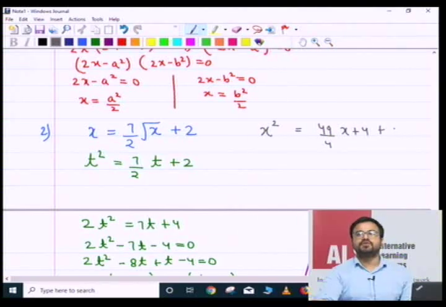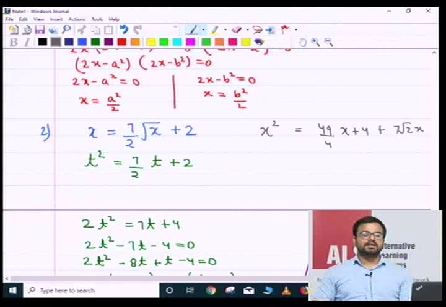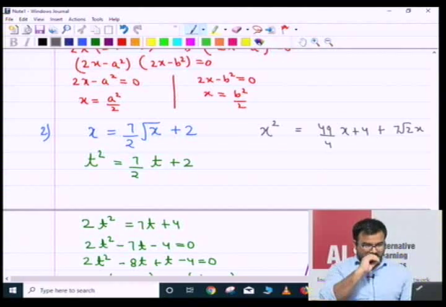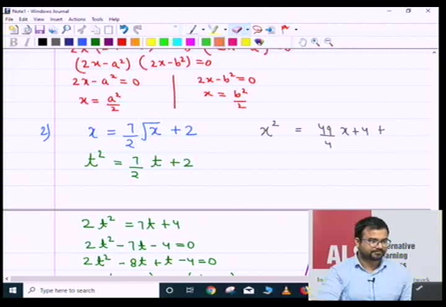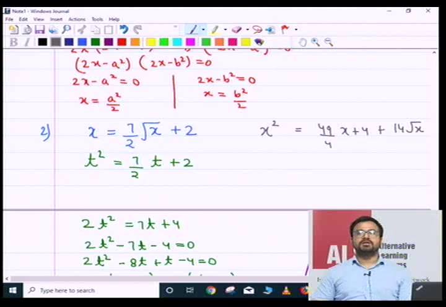So again, when you do 2ab, you will again get the term 7 root 2x, that is 7 into 2 root x. So you can see, if you are doing squaring on both the sides, again we are getting the term of root.